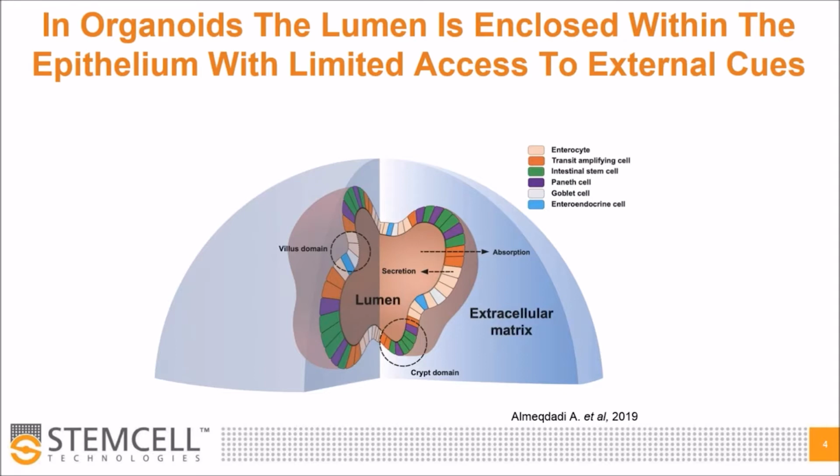Organoids are 3D cultures in which the lumen of the epithelium, as you see here, is enclosed within the structure itself. This allows very limited access to the apical side of the epithelium, which is usually the interactive surface. This aspect of the culture system is really critical when we come to infectious disease studies.